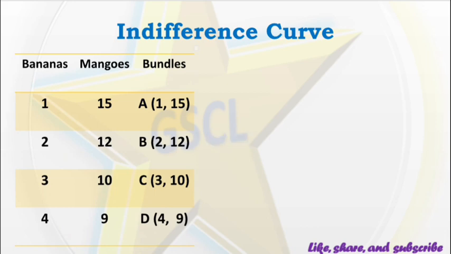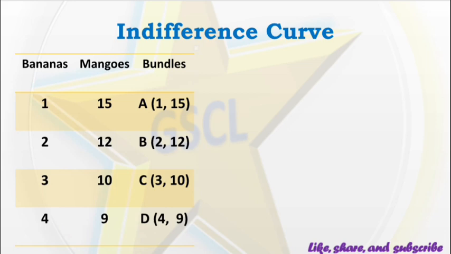The more the consumer wants to have bananas, he or she is forced to leave mangoes or sacrifice mangoes. Even in the third situation, the consumption bundle C shows that for one more additional banana, the consumer has given up 2 mangoes.